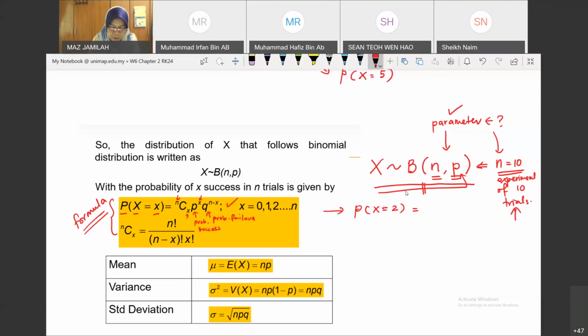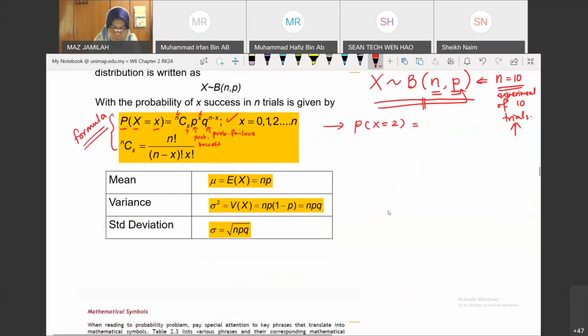Other than that, we know that each random variable will have its mean and variance or standard deviation. So from this random variable X, we can also define the mean, the variance, and the standard deviation. The mean for this random variable X following binomial is the number of trials multiplied with the probability of success.